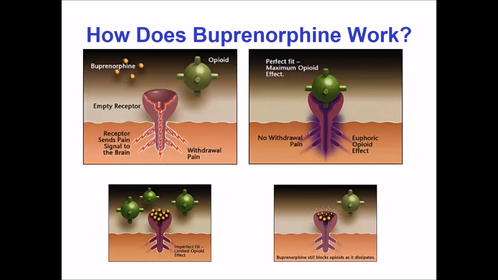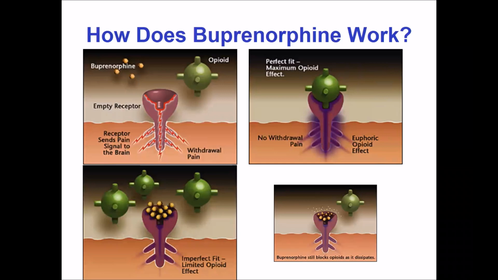A full agonist opioid, for example, like methadone, works by completely attaching as a perfect fit to the opioid mu receptor and giving relief to the opioid withdrawal symptoms. In the case of heroin, you're also getting the euphoric effect with that perfect fit binding.